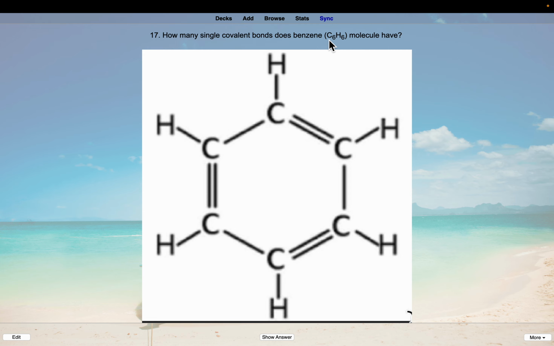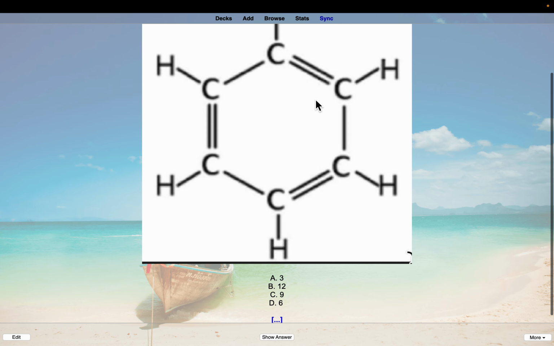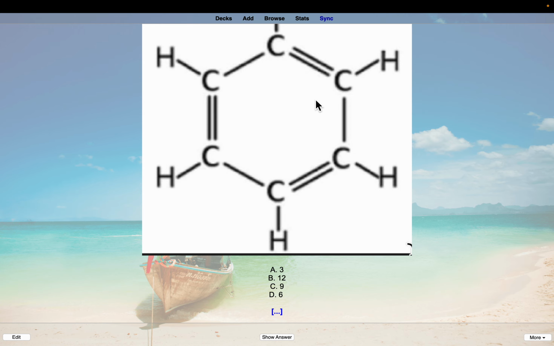How many single covalent bonds does benzene molecule have? Okay, so this is C6H6. We've seen this condensed form earlier. We thought it was an alkyne. It wasn't an alkyne. Turns out it's a benzene, the condensed form of benzene, specifically.